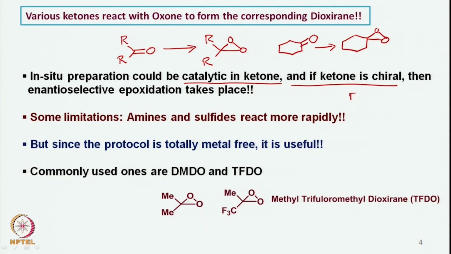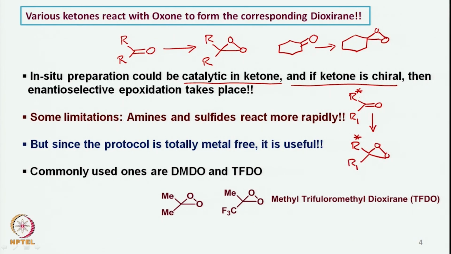So supposing you have an R group here and here is an R1 group and your ketone is like this, and one of these is having a chiral center here. So once the corresponding dioxirane is formed, it contains now elements of chirality in terms of the R group here.